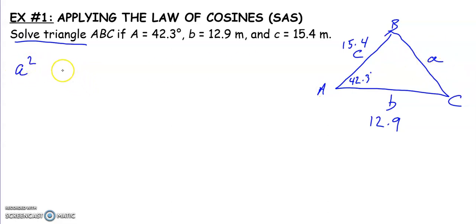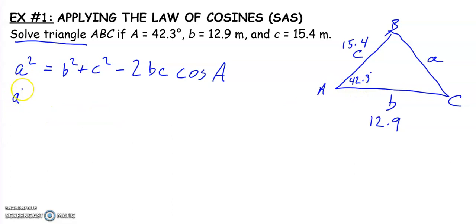So I am going to use the law of cosines that says a squared equals b squared plus c squared, my 2 known side lengths, minus 2 times b times c, the 2 known side lengths again, times the cosine of the angle across from this side. Well, across from little a is big A. I can use the law of cosines when I have an angle and a side opposite it. I'll either have the angle or I'll have the side to find the angle.